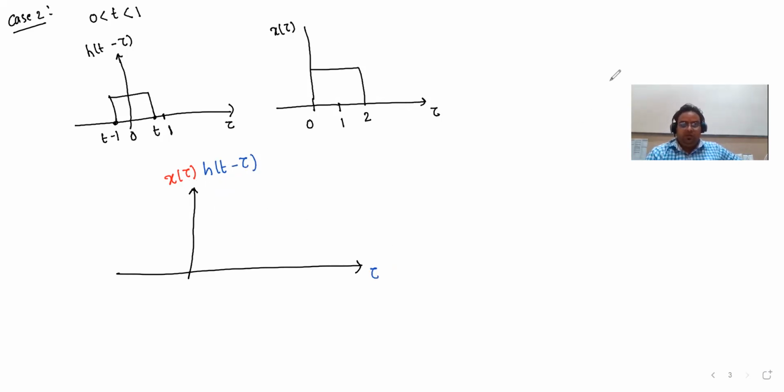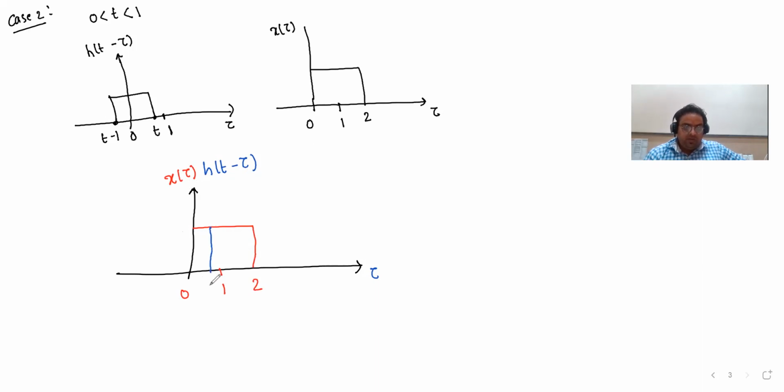So x of tau is going to vary from 0, 1, and 2. And the next thing we have is h of t minus tau.